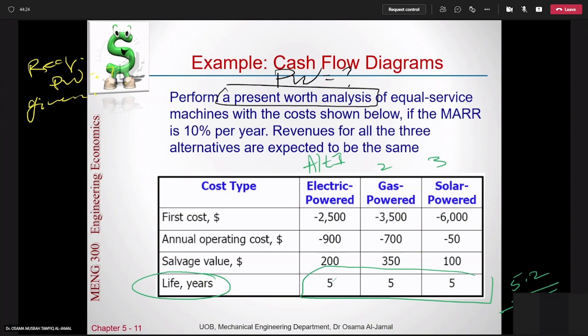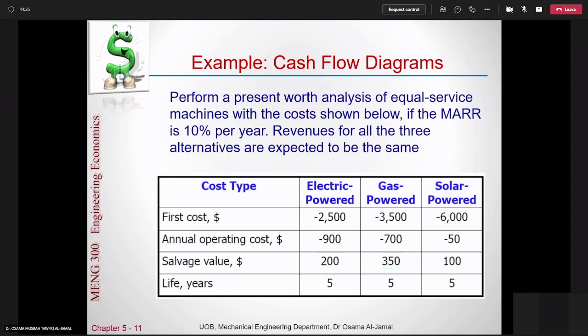Now, this is the easiest problem that we're going to see in the present worth analysis, because later on, in the next section, we're going to see something else with different lives. But here, they are of equal lives. Notice it says to find the present worth of equal service machines.